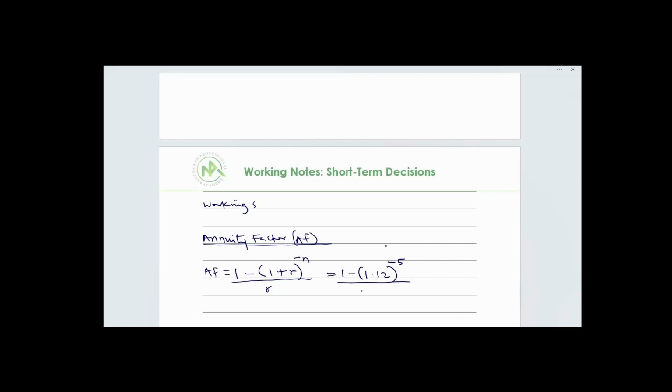When you want to do this, I will say 1.12 raised to power 5 minus, equal, then minus 1, equal, divided by 0.12, equal.